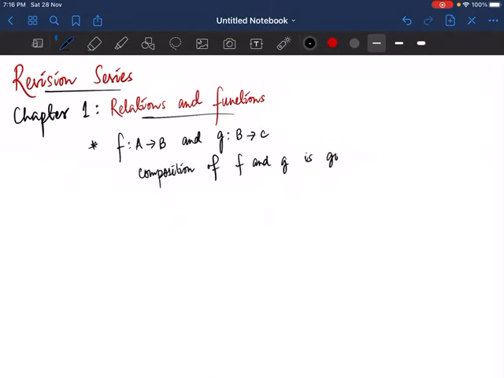This is how we write the composition of two functions. This function is denoted by g of f, colon, A to C.